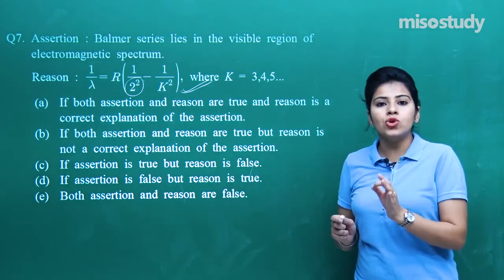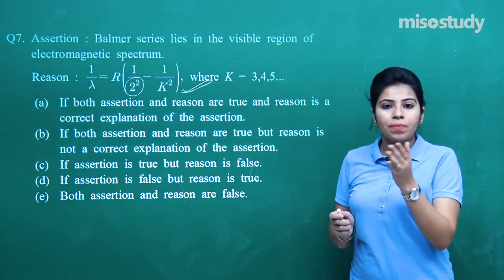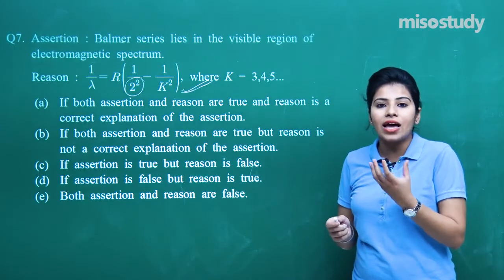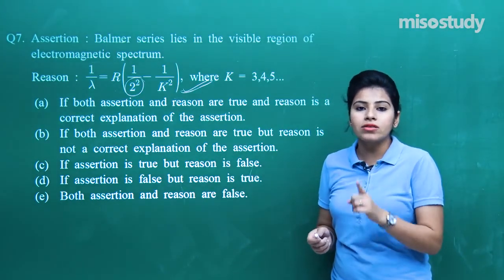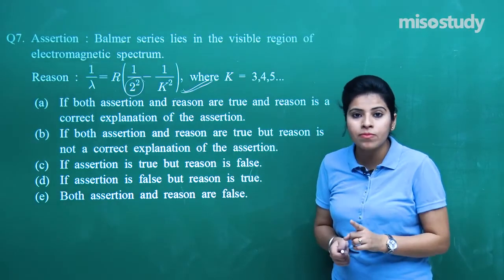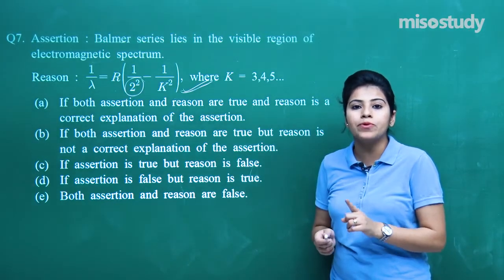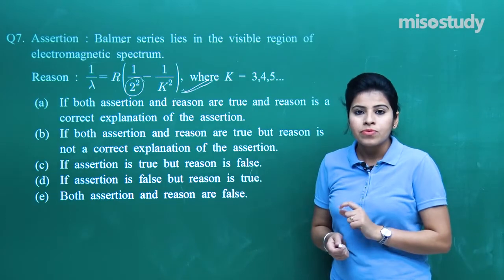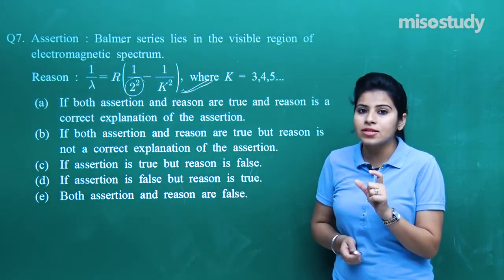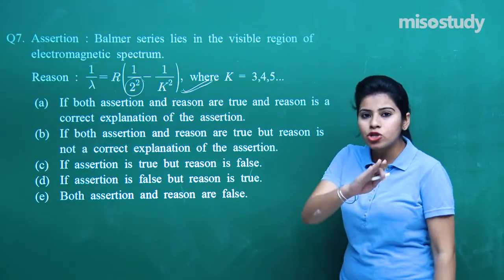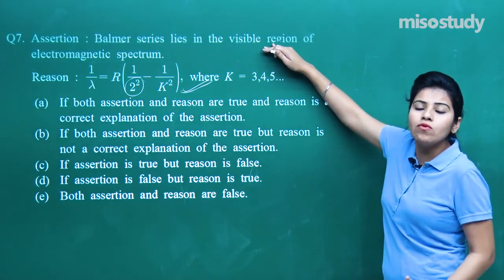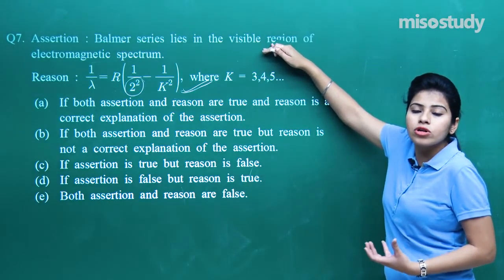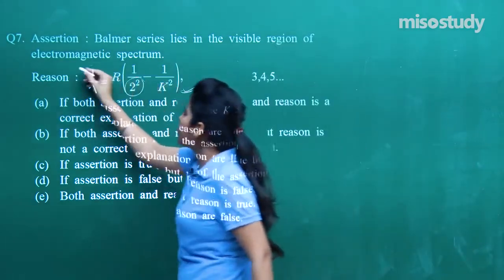I am repeating myself because I said it in the theory class also: you have to learn the electromagnetic spectrum when you attempt your question paper. This is the main important thing you should know, because you will encounter such questions and you will be stuck if you are not aware of the electromagnetic spectrum.